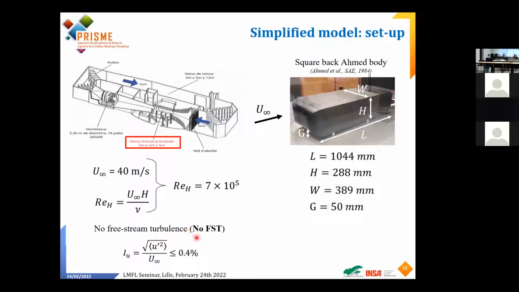And in these experiments, we didn't use any turbulence in the inflow. So the residual turbulence of the external flow is 0.4%, which is almost nothing. So here we'll call this no free stream turbulence, and in the following, it will be no FST.